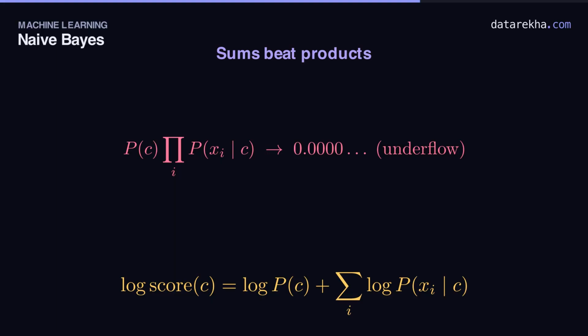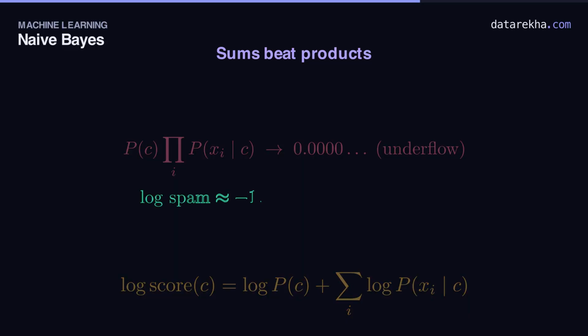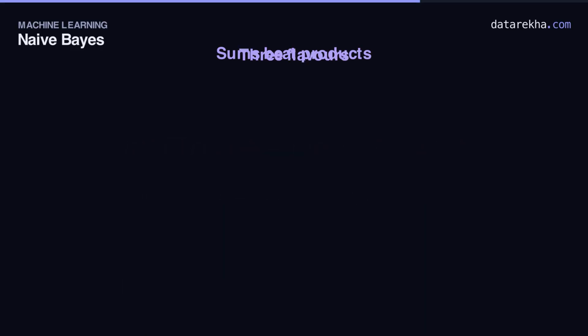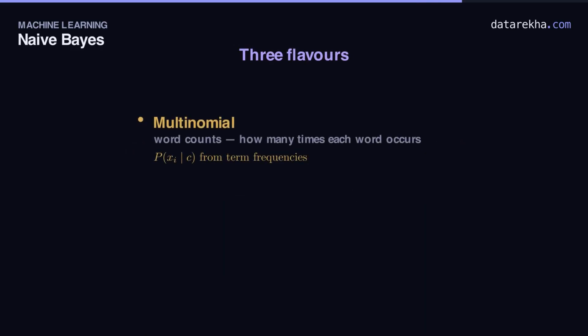Friendly, well-behaved numbers. And because the logarithm only ever increases, it never changes which score is largest. The winner is untouched. On our spam example, the log scores are minus 1.8 against minus 2.3. Spam still on top.